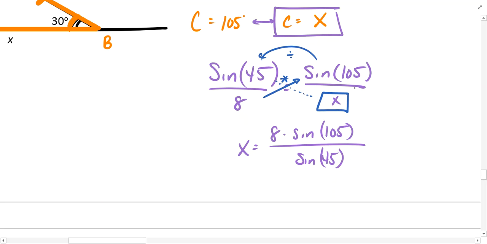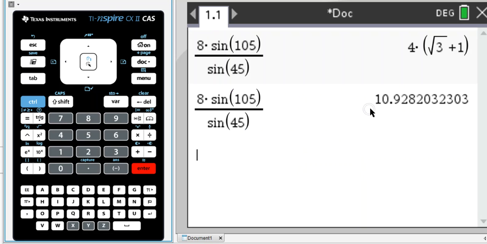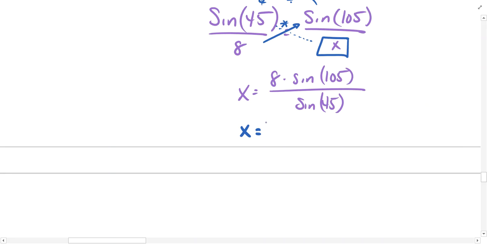That will always equal the result in the fourth position. x is already isolated, so when I compute the result, we see that that distance is 10.9282 feet.